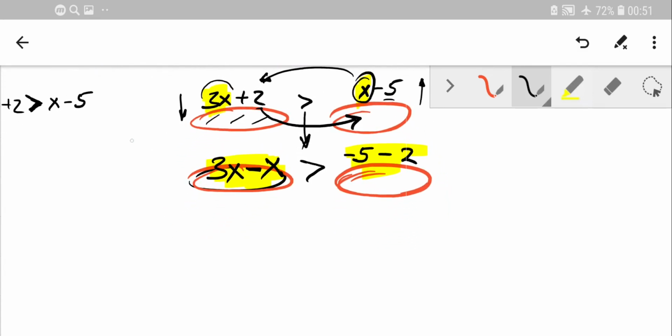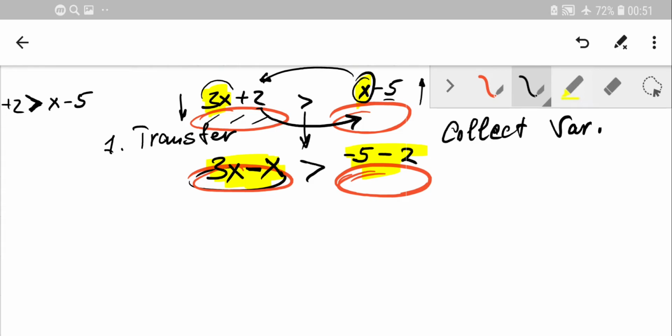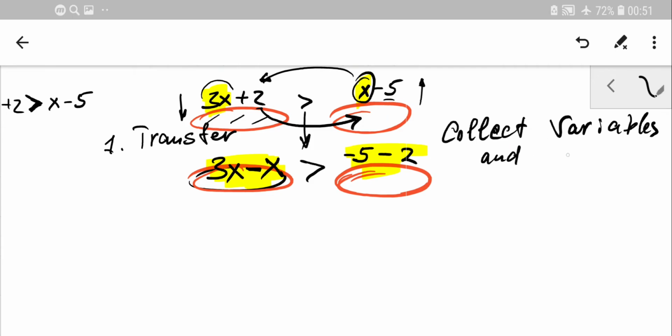So first, the transfer, in order to collect variables, or repeating unknowns, like mostly you'll have x's, just one variable, but it might be repeated in this case, and collect numbers.